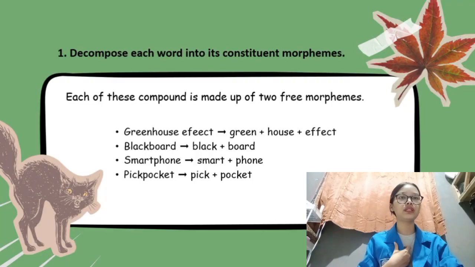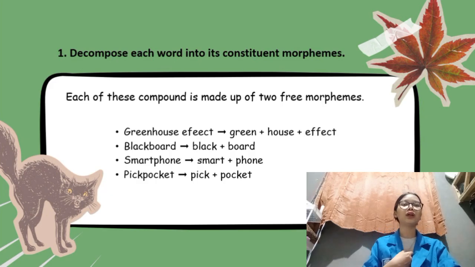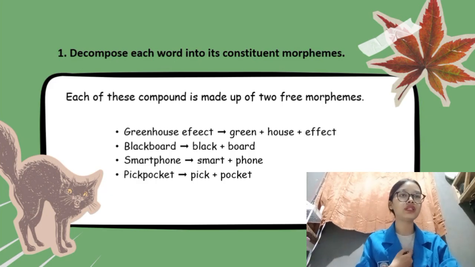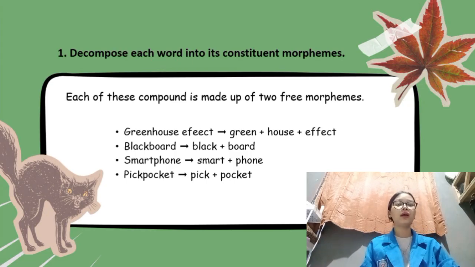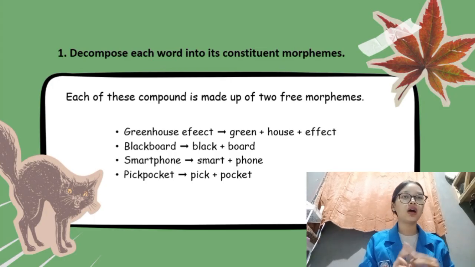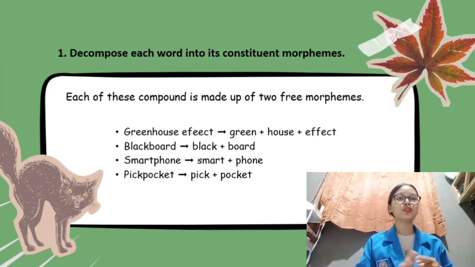So the number one is decompose each word into its constituent morphemes. Each of these compounds is made up of free morphemes. Greenhouse effect becomes green plus house plus effect.